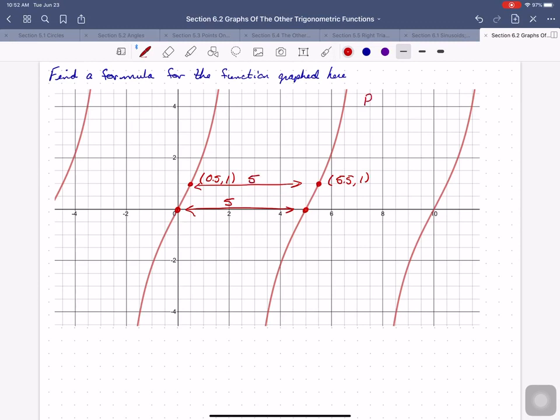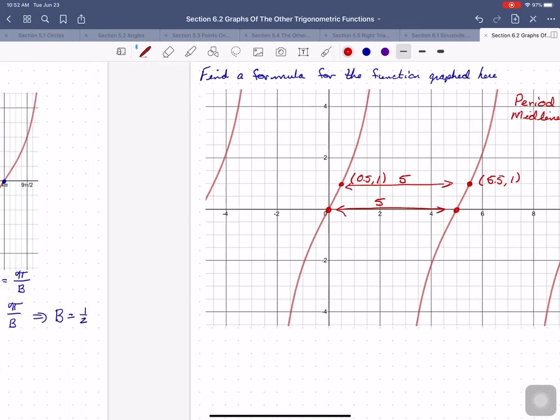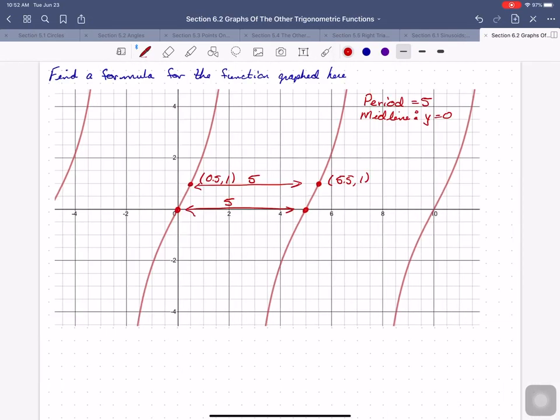So the period of this function is 5. And the midline of this function is the x-axis. And we've got a known point. We know that it goes through the point 0.5, 1. Okay, so we've got enough here.